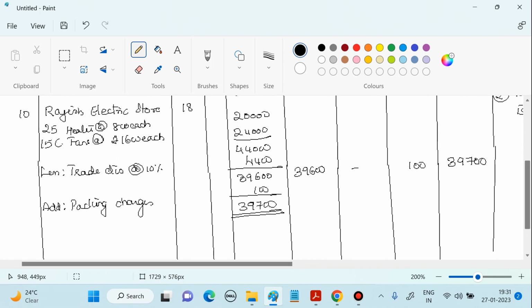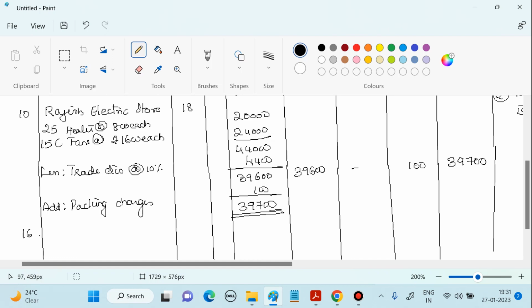Where will it be recorded? You can tell me. Credit purchase of laptop? Ma'am, it won't be because it's an asset. Yeah, where will it be recorded? In which book? Will it be in journal proper? Correct. Very good.